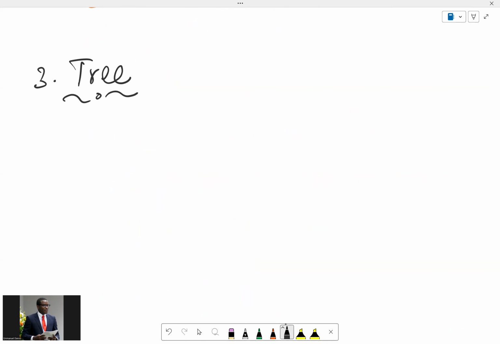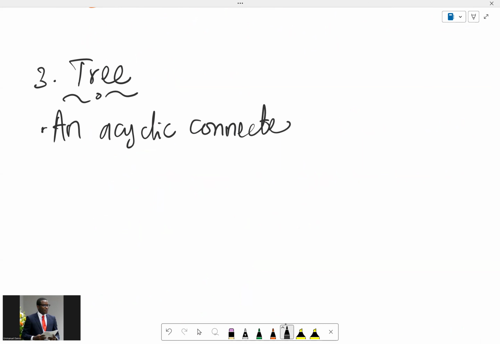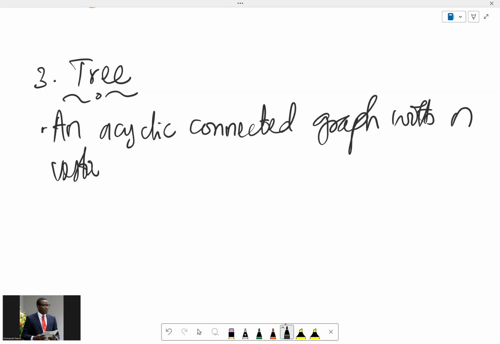A tree is an acyclic connected graph with n vertices and n minus one edges.